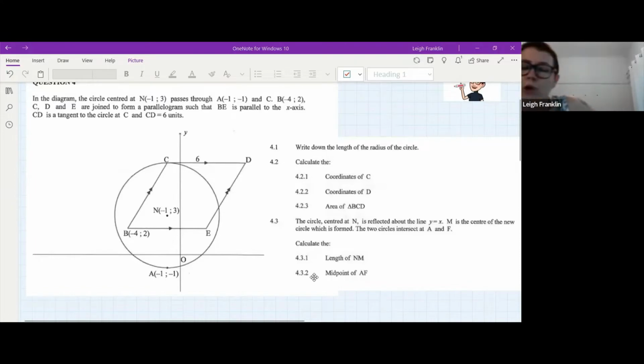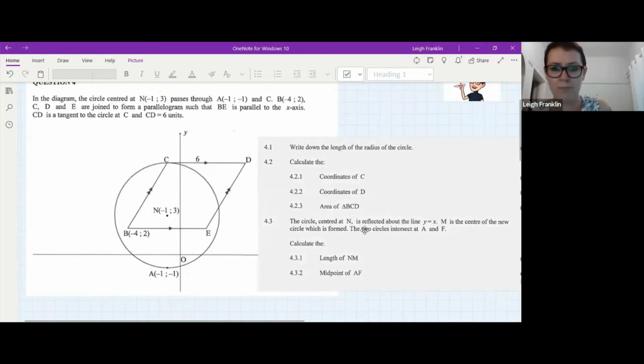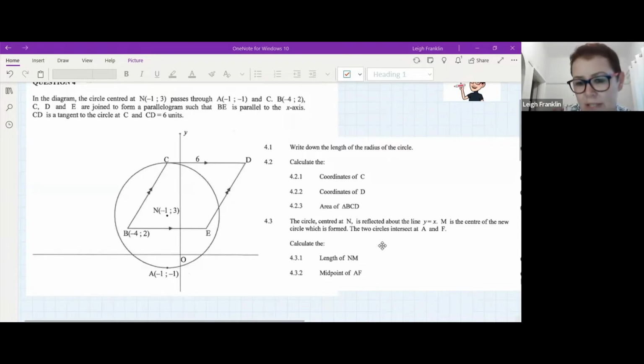No, Kumo, you're close, but not quite. You need to tell me what it is that you're looking at. What are you looking at, Kumo, when you said 3? Are you just looking at the y coordinate of N? What are you basing it on? Ma'am, I was looking at the y coordinate of N. You were looking at the y coordinate of N. Okay.